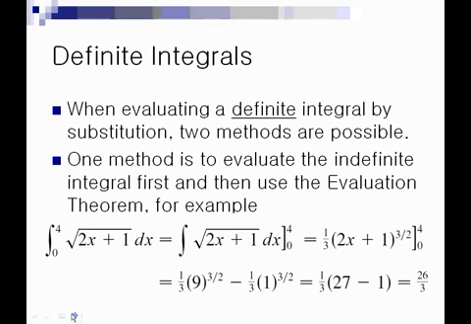Well, you had to take time evaluating the indefinite integral before you do it. But what if you do it all at once without substituting back in for what u is? What if you could transform the endpoints? The endpoints, in fact, should transform according to what your substitution is, right? Well, let's double check this.